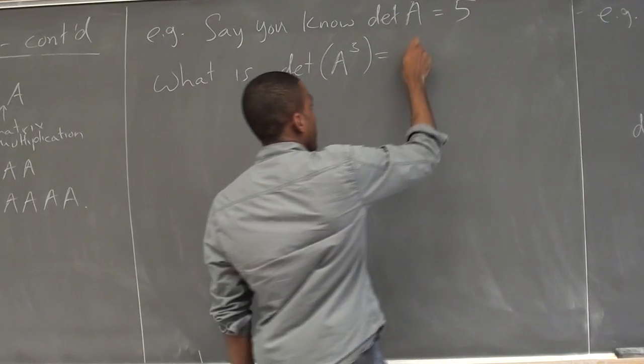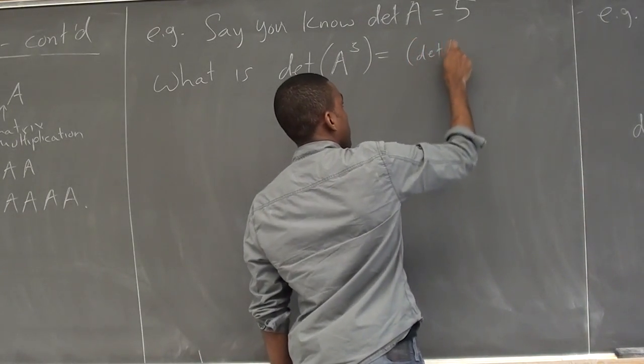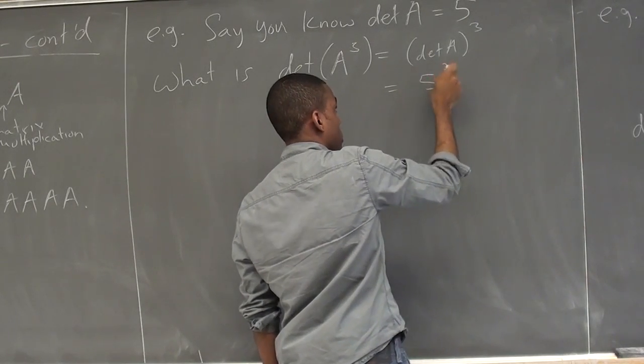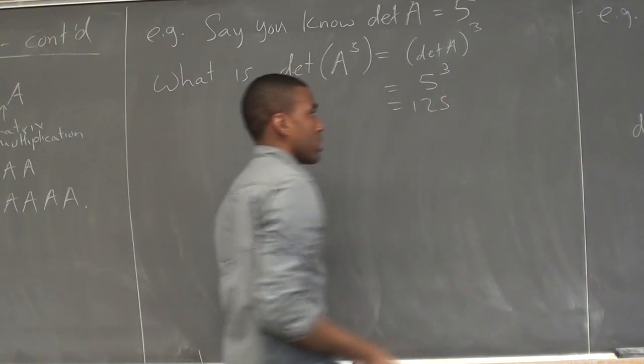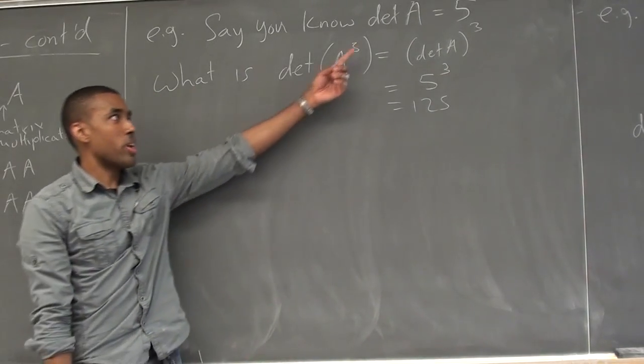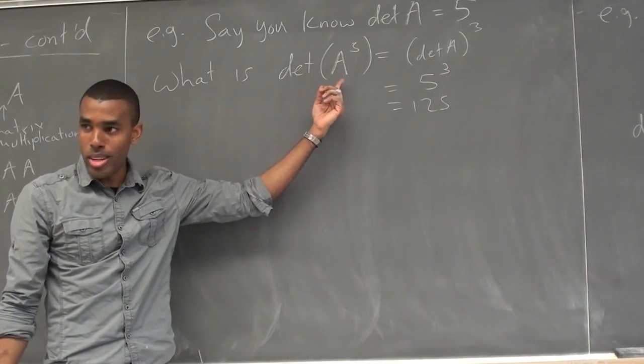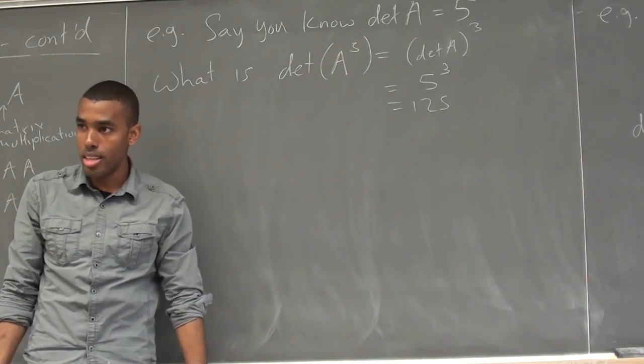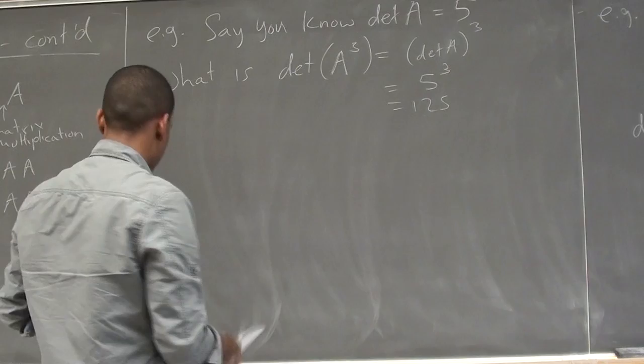The determinant of A cubed equals 5 cubed equals 125. So I don't need to know what A is because I don't have to cube it. If I know the determinant of the original, I just cube the answer to get it, by this property.